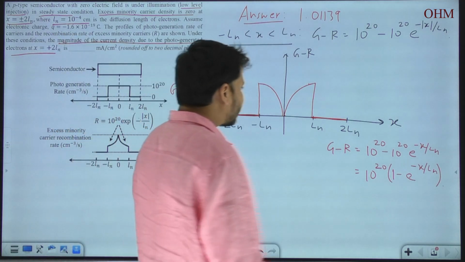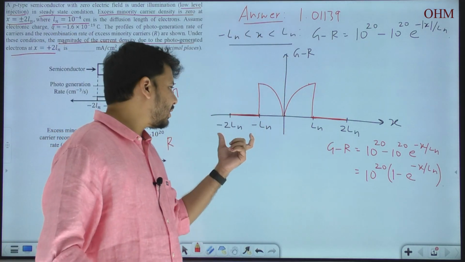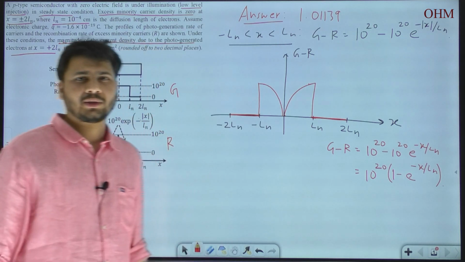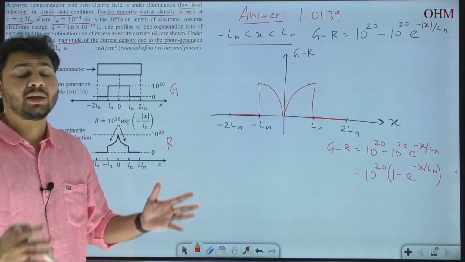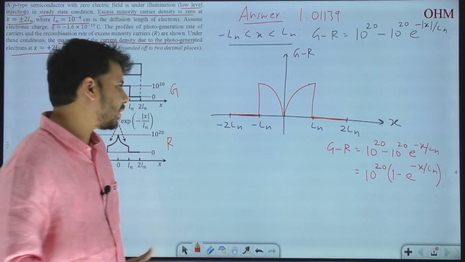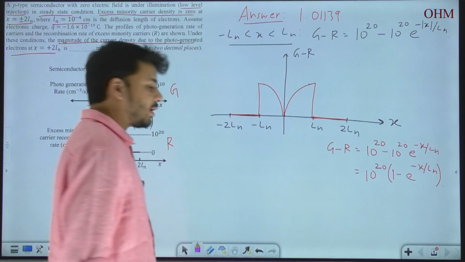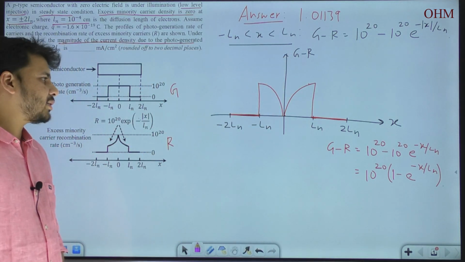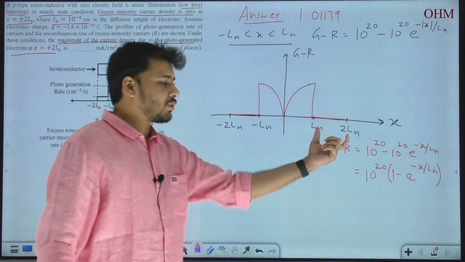I already told you that in this region and in this region, because there is no generation, there is no recombination, the minority carrier concentration profile, or the excess minority carrier concentration profile, would be linear. In fact, I can make a rough sketch of the excess minority carrier concentration profile for these two regions.